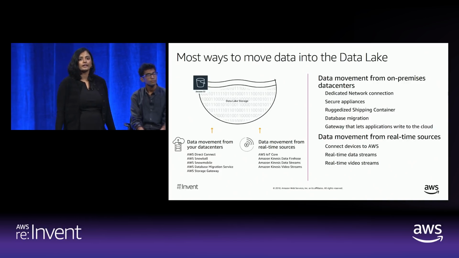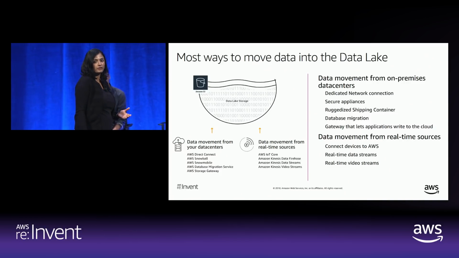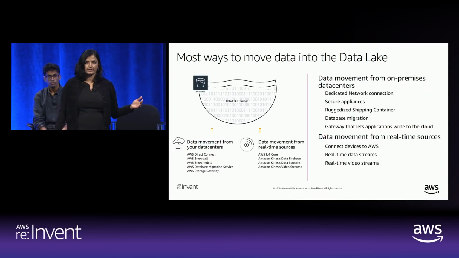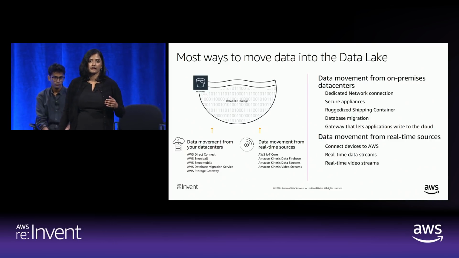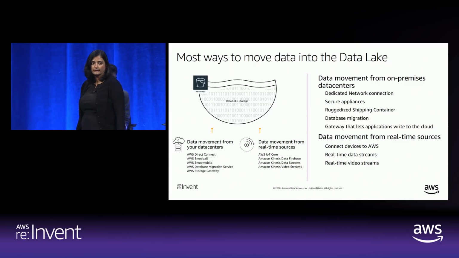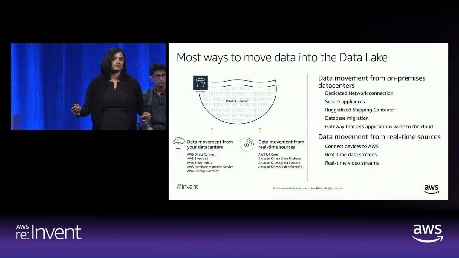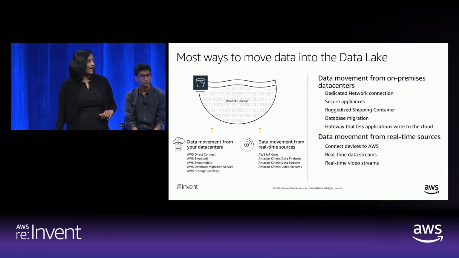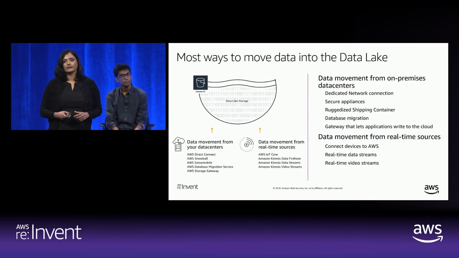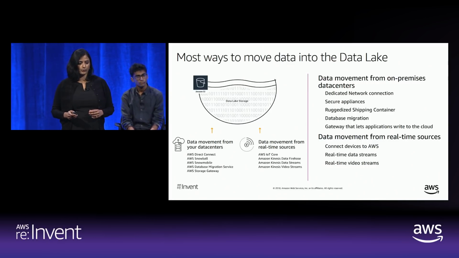You can also ingest and load data from streaming sources using AWS Kinesis, Firehose, Kinesis data streams, and Kinesis data video streams. And you can load IoT data using the AWS IoT core.